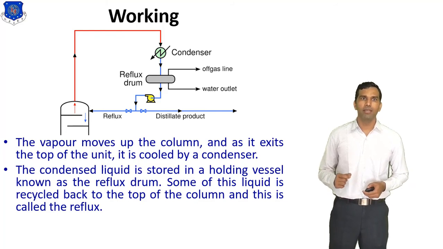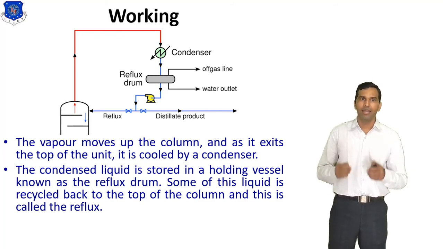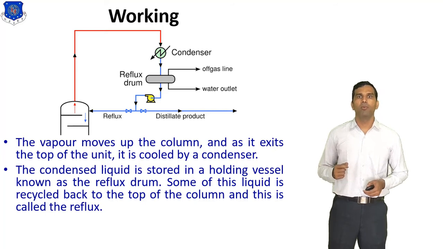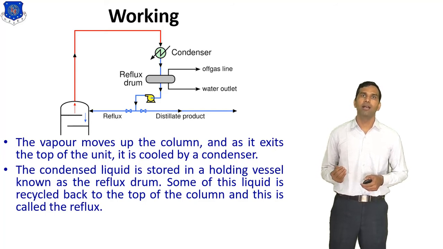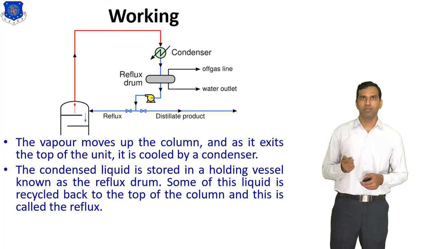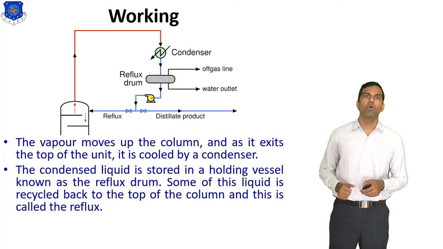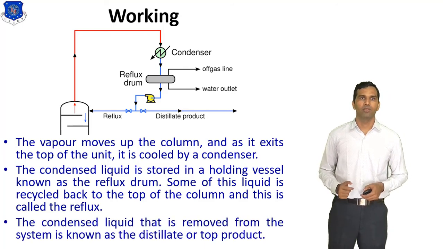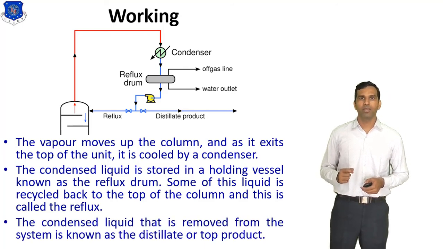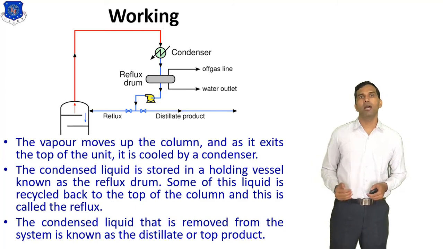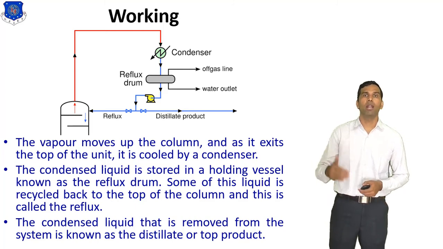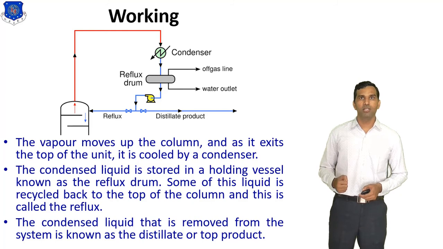Some of the liquid is recycled back to the top of the column, and this is called the reflux. The condensed liquid that is removed from the system is known as the distillate or top product, or overhead product. So this is the working of distillation.